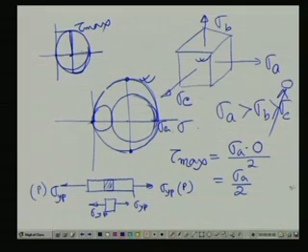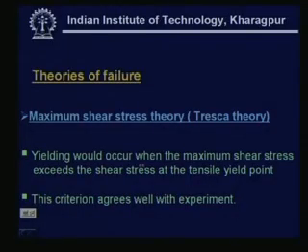So, that equals what? The criteria says yielding would occur when the maximum shear stress exceeds the shear stress at the tensile yield point.